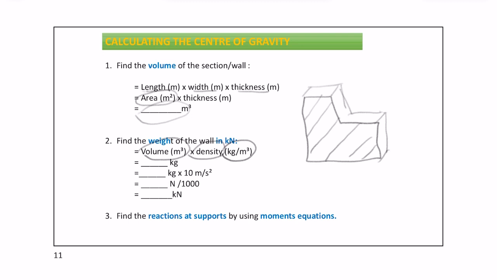So you darabkan these two, you will get berapa actually mass of the wall. And untuk dapatkan the weight, you kena darab dengan gravity acceleration, which is 10 meter per second squared. Baru you akan dapat dalam Newton, which is this one adalah weight. And bahagi dengan 1000 sebab kita nak tukar tu kilonewton.